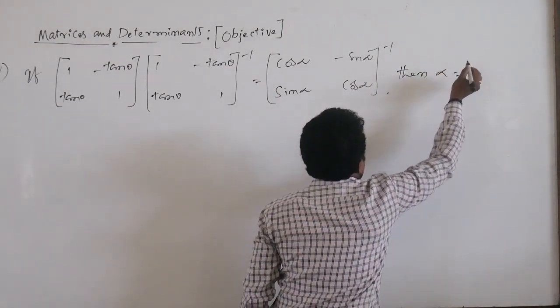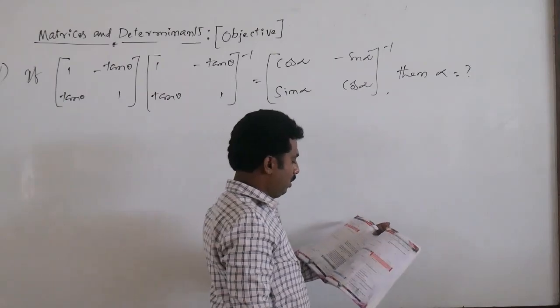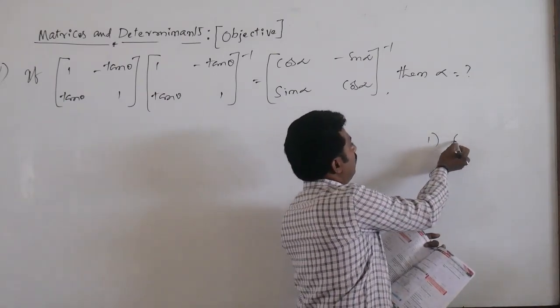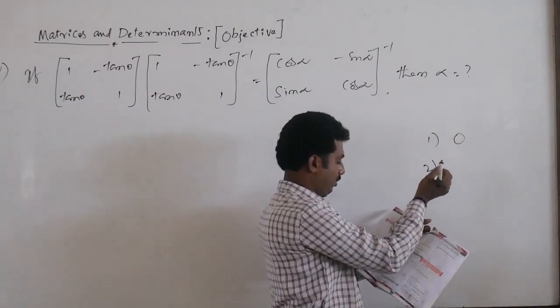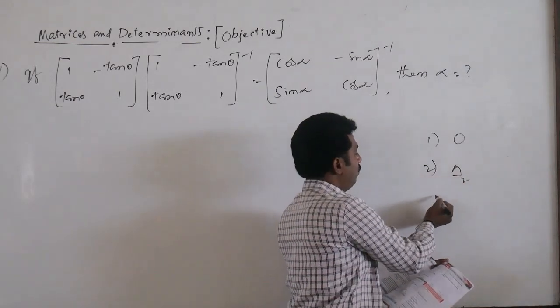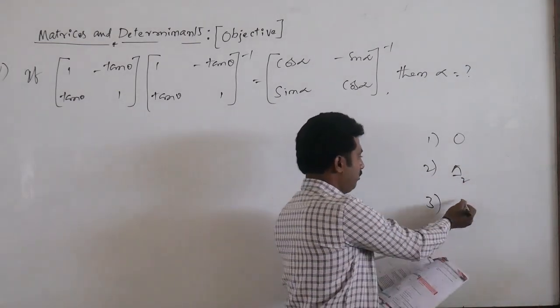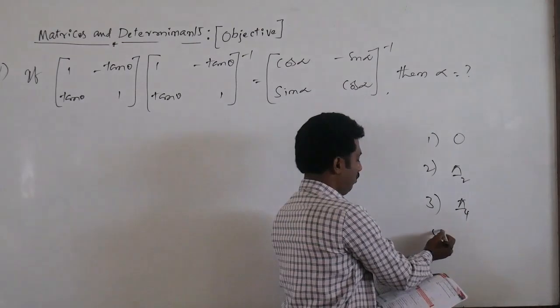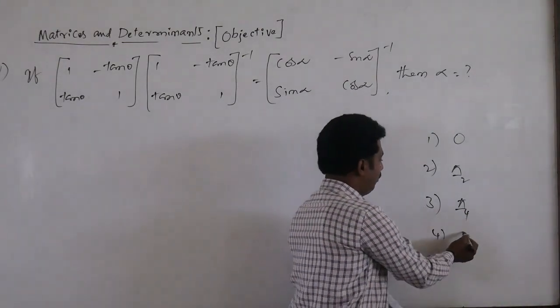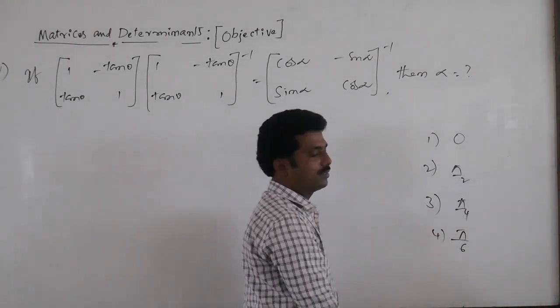The options are 0, pi by 2, third option pi by 4, fourth option pi by 6.